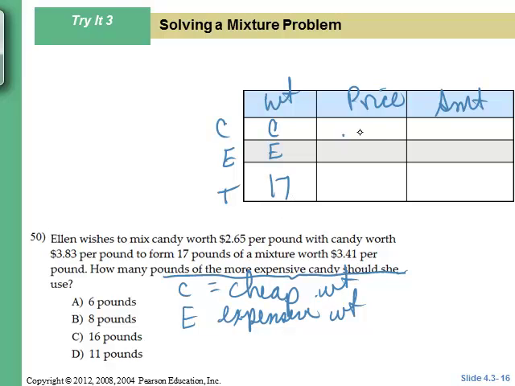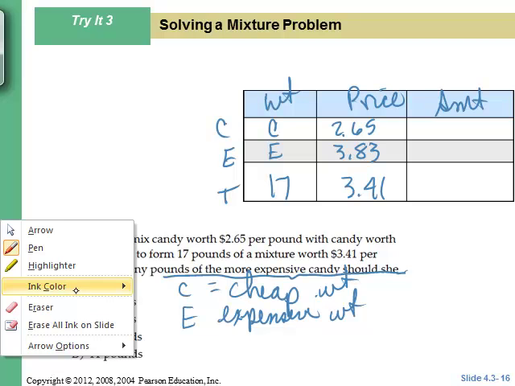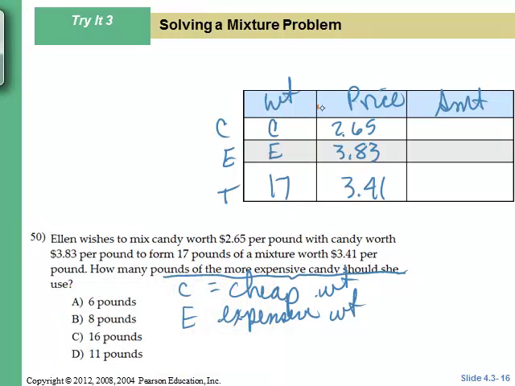Price of the cheap is 2.65. Price of the expensive is 3.83. Total is 3.41. Once again, we multiply. This times this equals this. So 17 times 3.41 gives us 57.97.